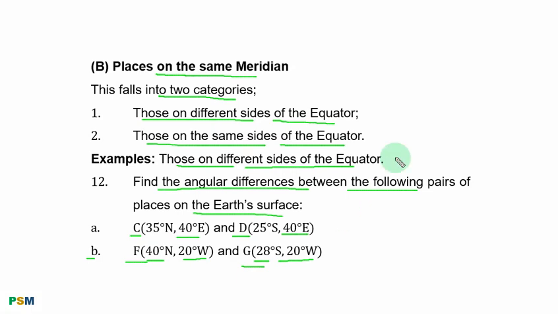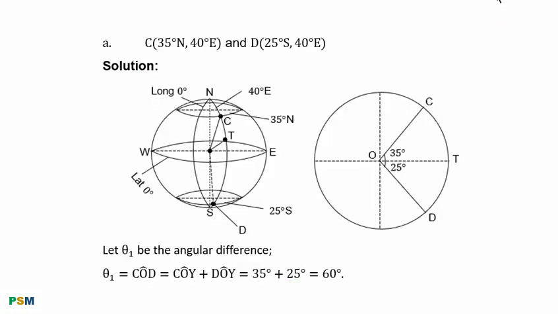Let's get the angular differences. A part of the problem solution. To begin, you draw the Earth as a sphere, followed by the two principal axes, north, south, east, west.